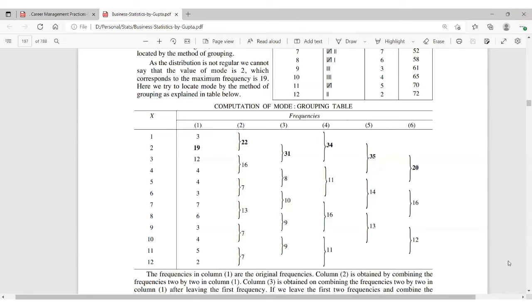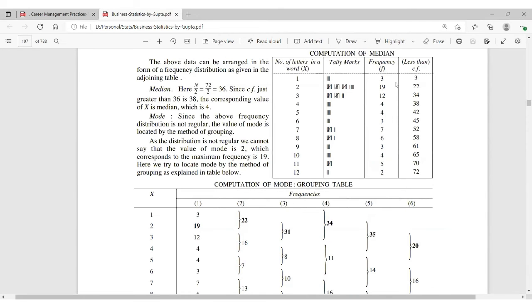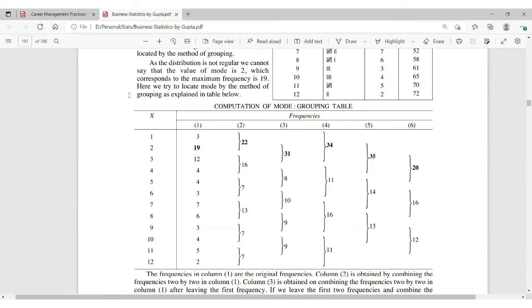Now, see in this example, these are the frequencies, right? See, this is the data. The frequency is this first column itself. Second, group in twos: first 13 plus 19, 32, then 12 plus 4, 16, then 4 plus 3, 7, then 7 plus 6, 13, 3 plus 4, 7, 5 plus 2, 7.